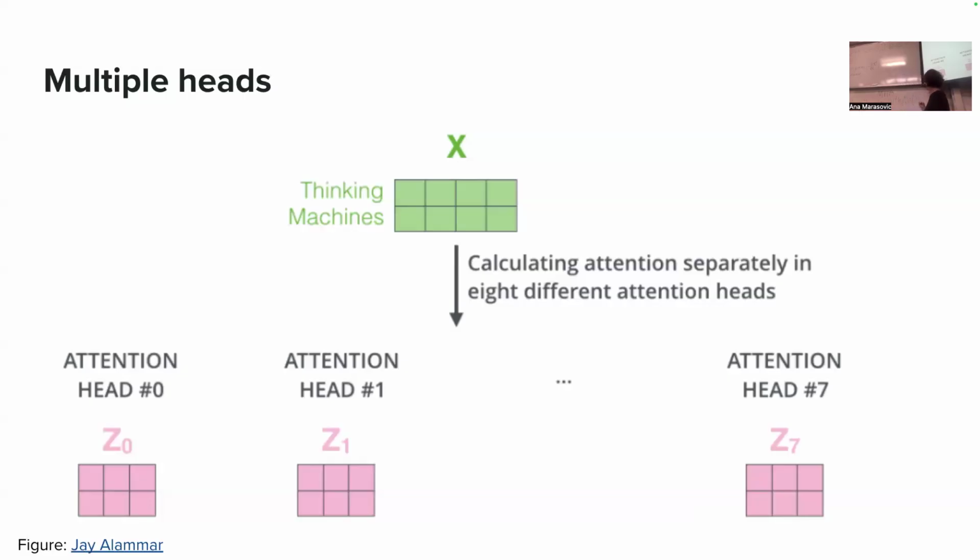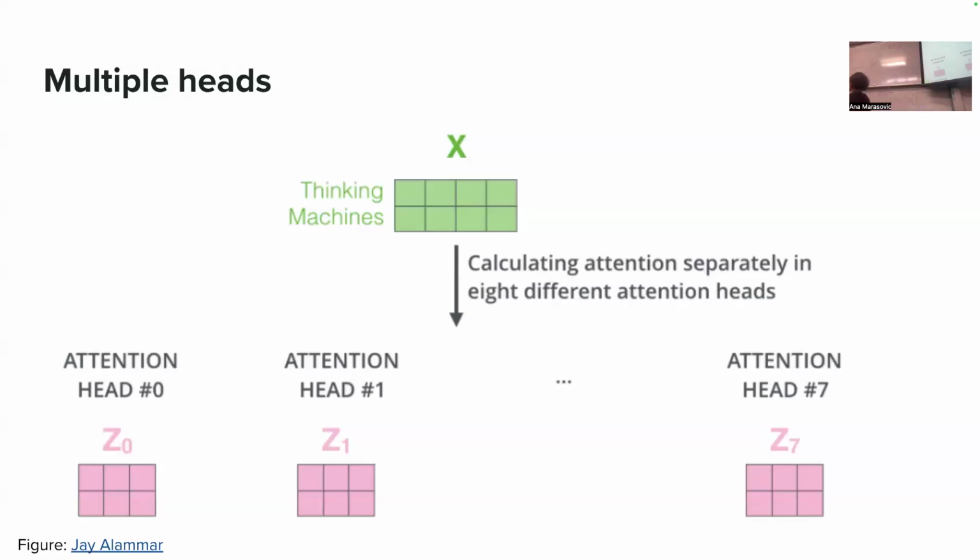Here I'm going to write i goes from 1 to number of heads. I'm just producing a bunch of these triplets of weights. Each triplet then gives me Query i, Keys i, Values i, produced with the corresponding weights. So I'm just adding i subscripts here.